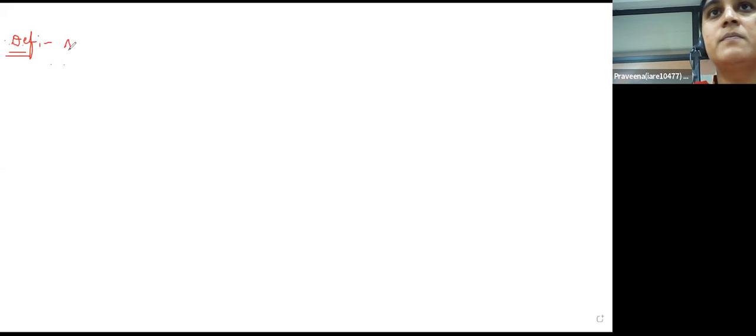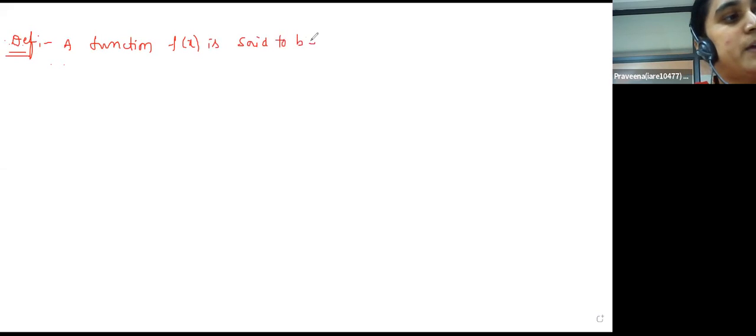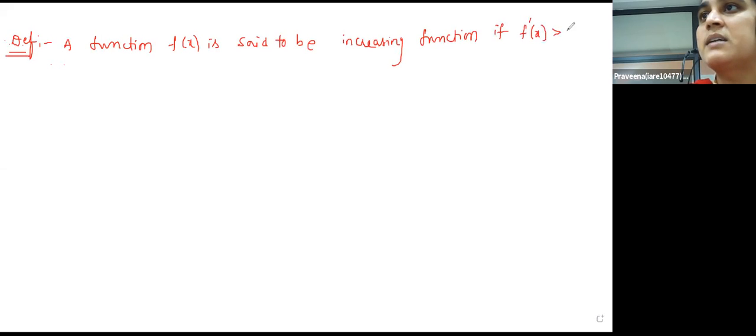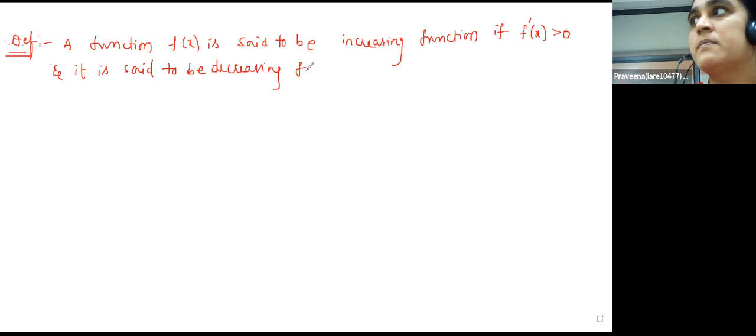A function f of x is said to be an increasing function if f dash of x is greater than 0, and it is said to be a decreasing function if f dash of x is less than 0.